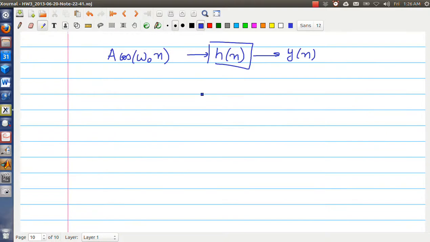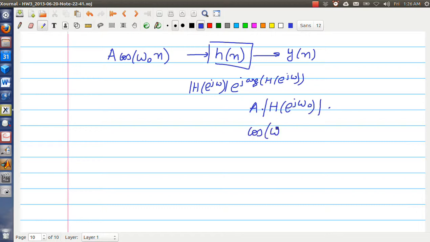So we know that if the system has the frequency response H(e^jω) with this magnitude and this phase, then the output of the system is A times the magnitude at ω₀ times the original cosine ω₀n, and the argument gets added to the phase.